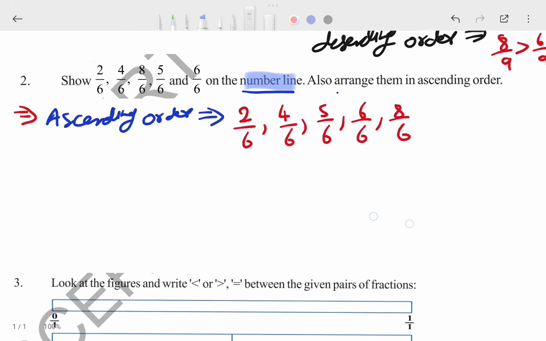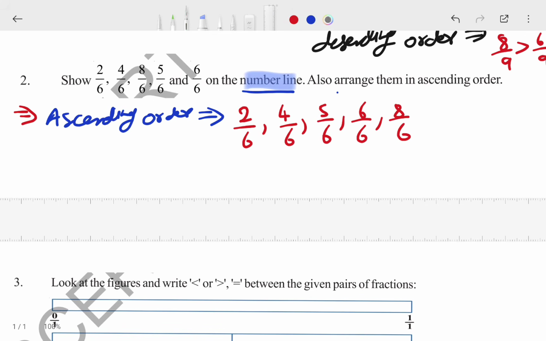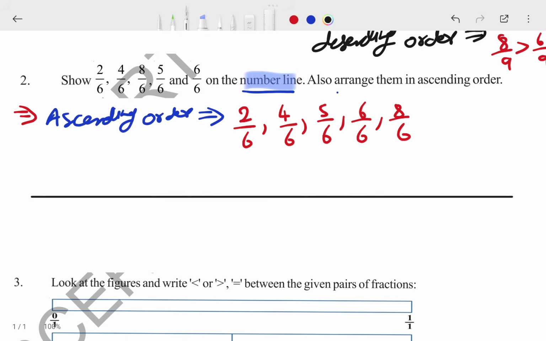So generally, in our scale, let's suppose this is our scale. In our scale there are number systems like this: this is 0, this is 1, this is 2, this is 3, and let's suppose this is 4.